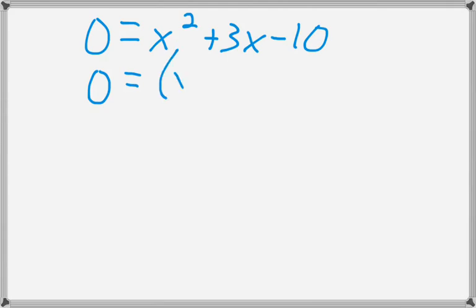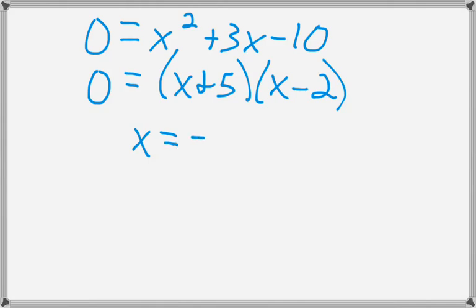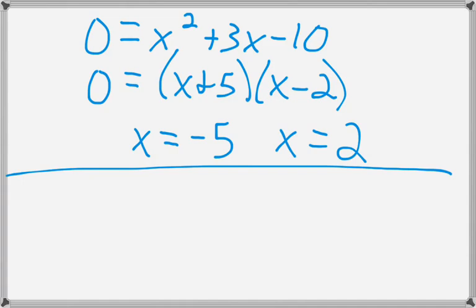I'm not going to show the steps of factoring this, but it factors as x plus 5 times x minus 2. So the quadratic has 2 solutions, negative 5 and positive 2. We need to now check those in our original equation and see if they are indeed solutions to our original equation.